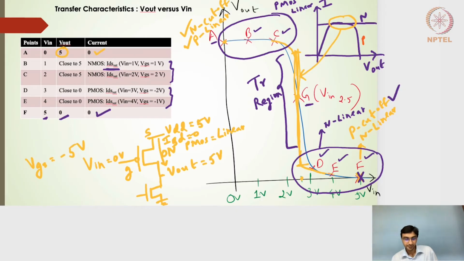And the transition region can be characterized as the intersection points in the IV characteristics where both the transistors are in the saturation region. So in this region, both the PMOS and the NMOS are in saturation. I'm going to write it as P and N in saturation region.